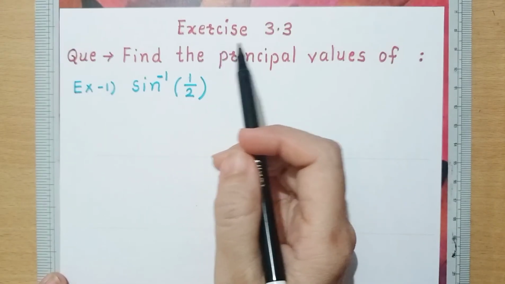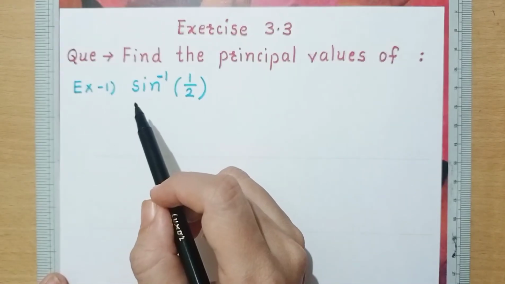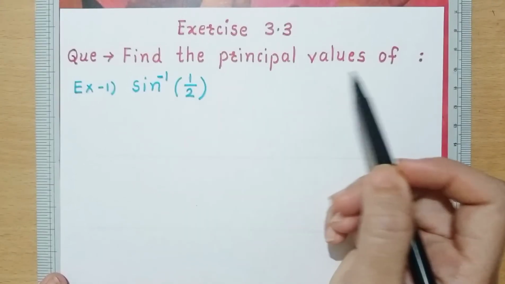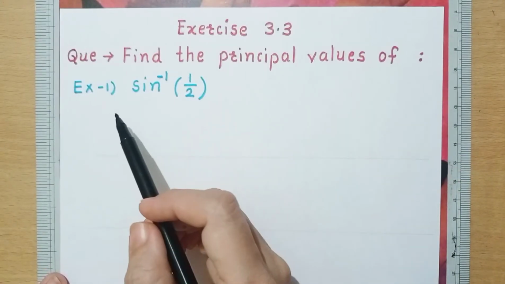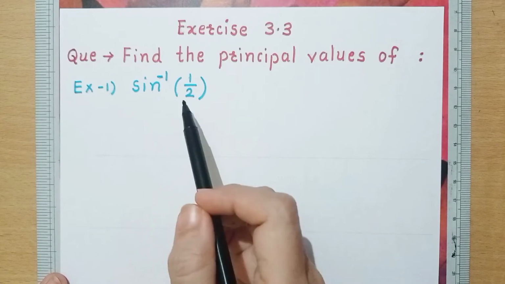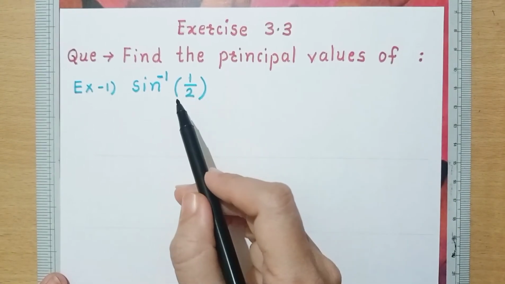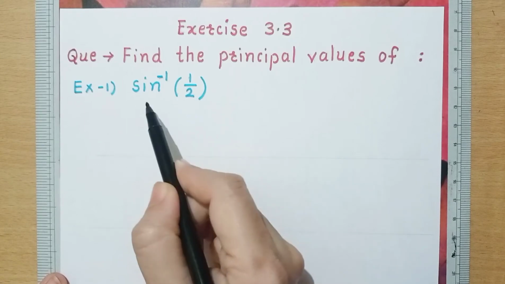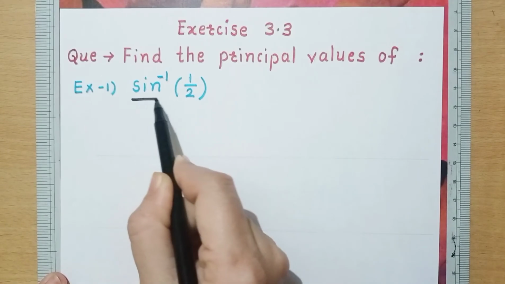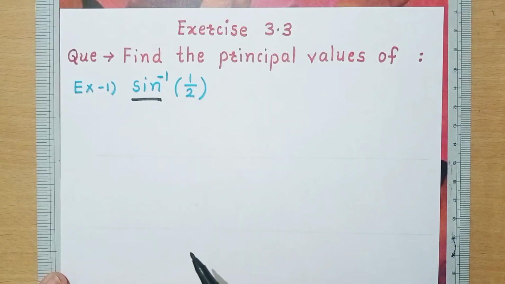Let's solve exercise 3.3, and our first question is to find the principal values of, and the first example is sine inverse of half. Now principal value means we have to find the angle, and we will find the angle from the principal value branch of sine inverse.